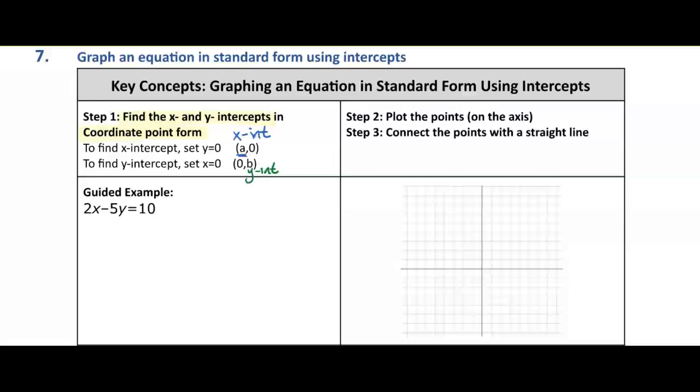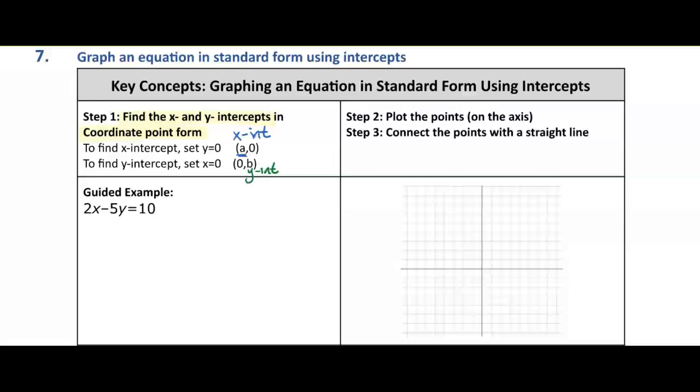I have not gone through and added the coordinate point version to the answer key because it's much more time consuming, but it will accept just typing the number for an intercept as correct. The reason it was using b is that when we are using a variable to represent a y-intercept, the special variable for a y-intercept is always b. A for the x-intercept, b for the y-intercept, right?